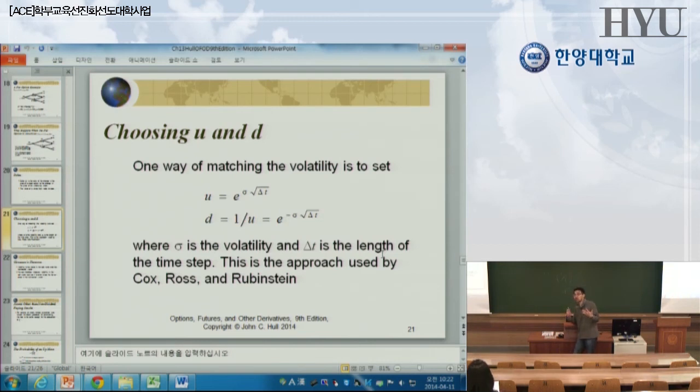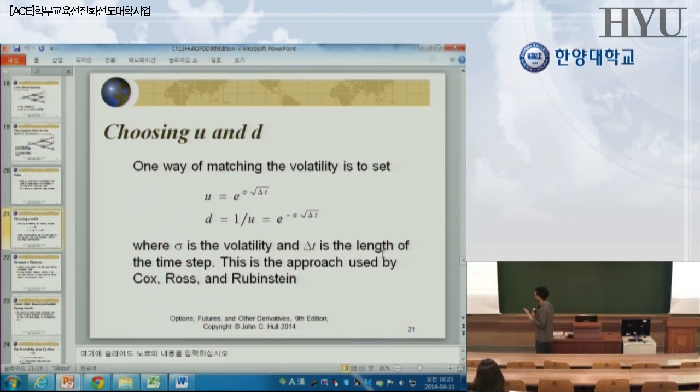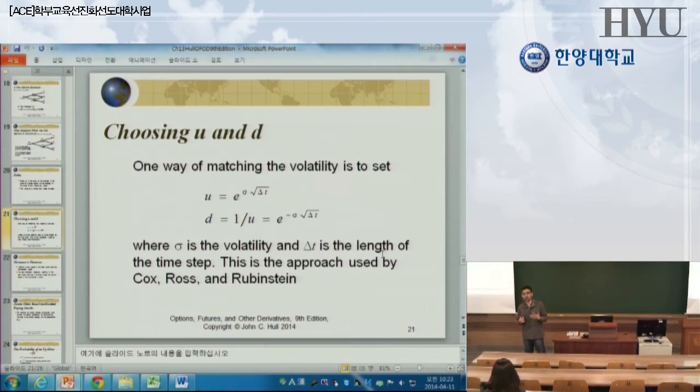But how about volatility, the fluctuation of the stock? Naturally we might assume that since we change return, we should change volatility into some sort of risk neutral volatility. Conveniently, we don't have to change it. We don't need to consider risk neutral volatility.